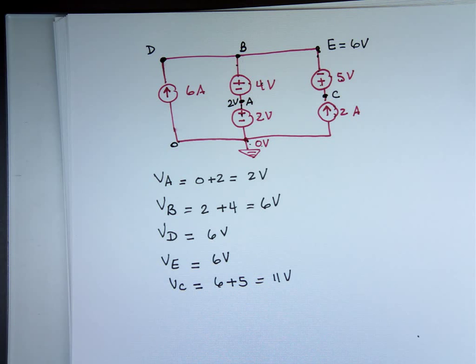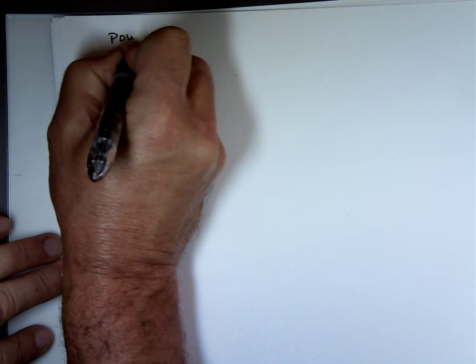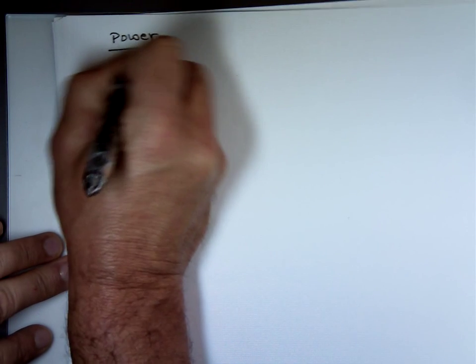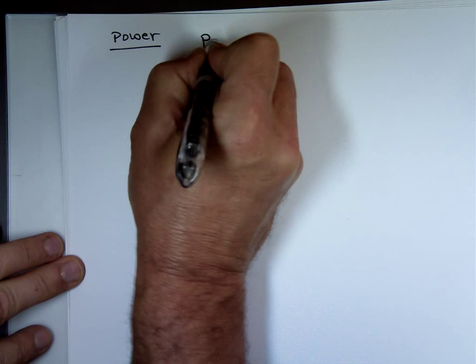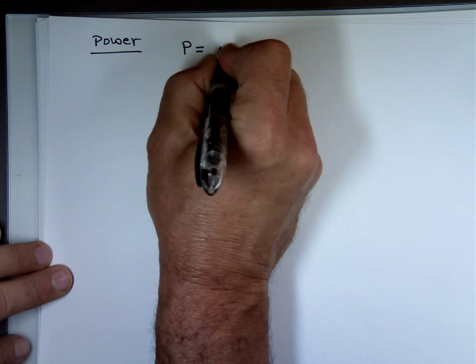Next topic is power. P is power. Power is defined as the voltage times the current.